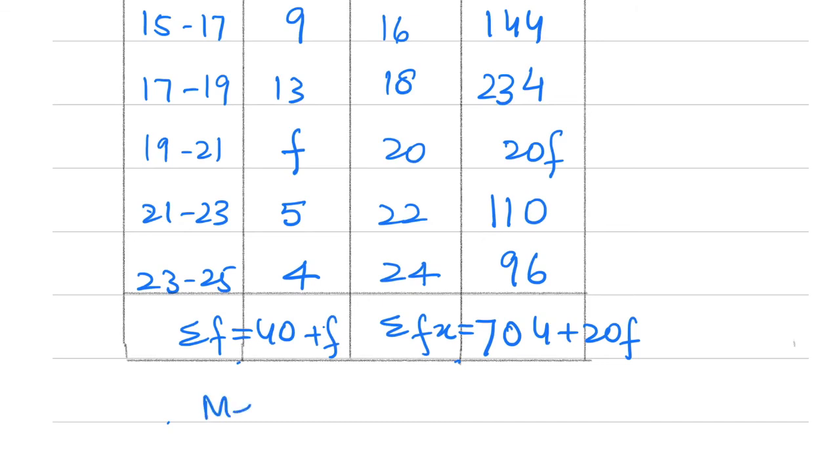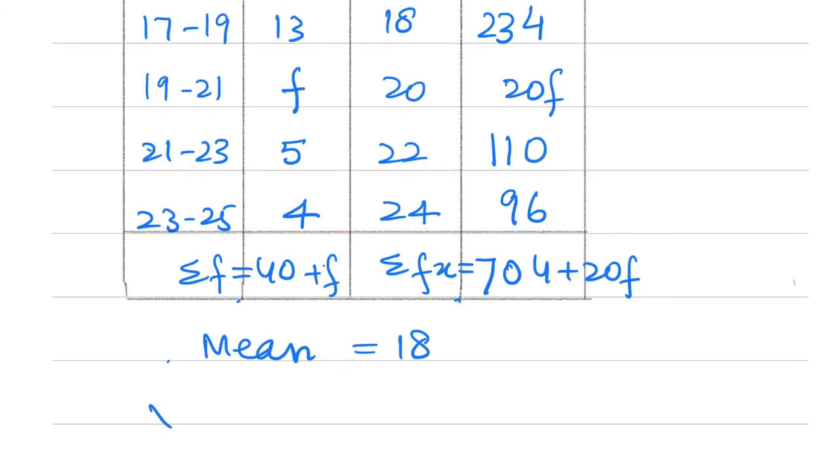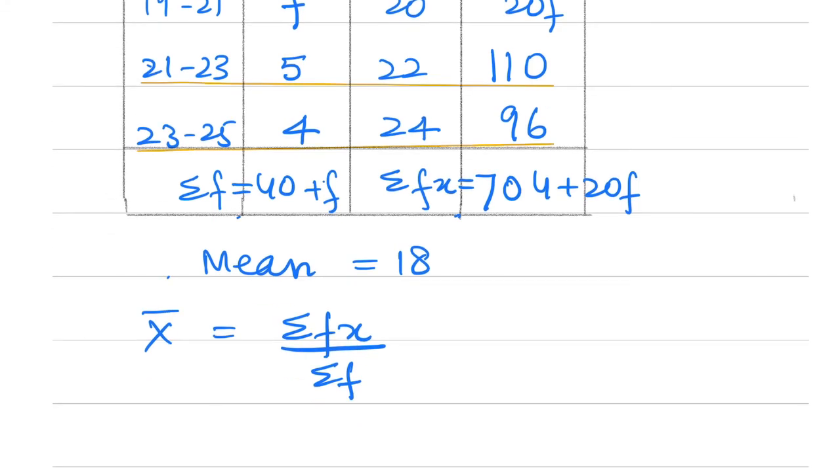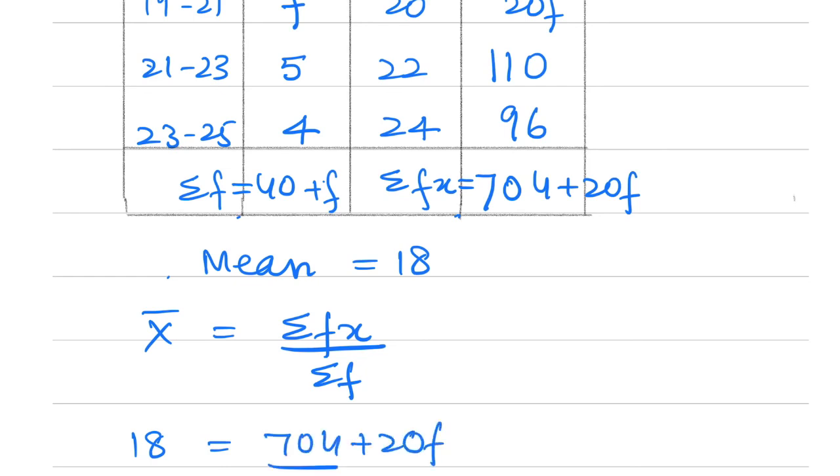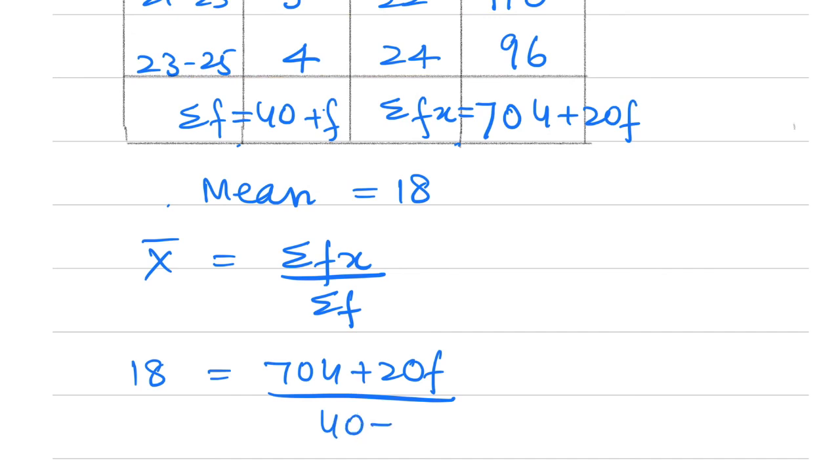Now we are given the mean as 18. So mean is equal to sum of fx divided by summation of f. So this is 18, and the values are 704 plus 20f over 40 plus f.